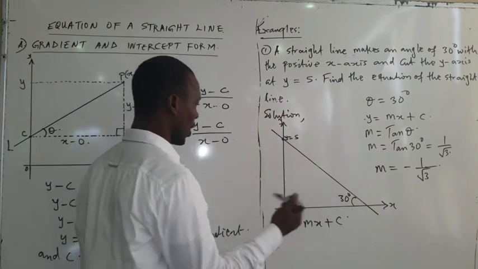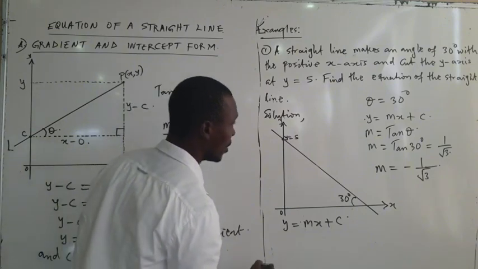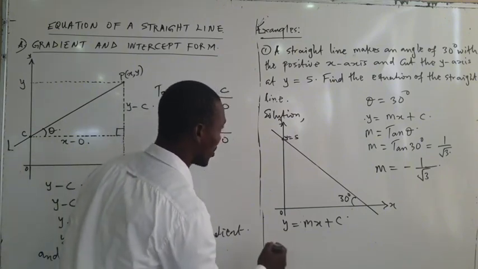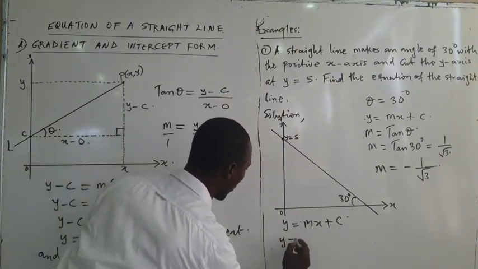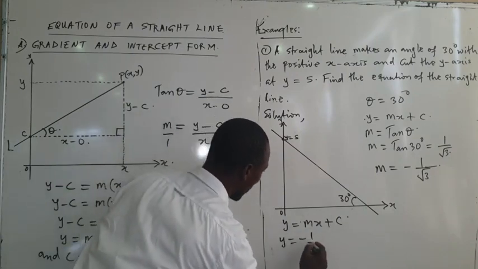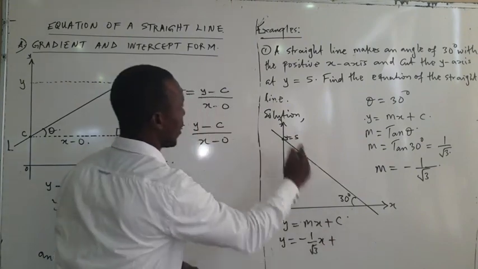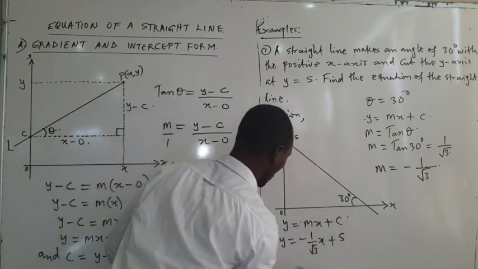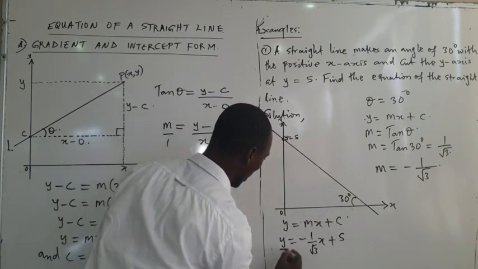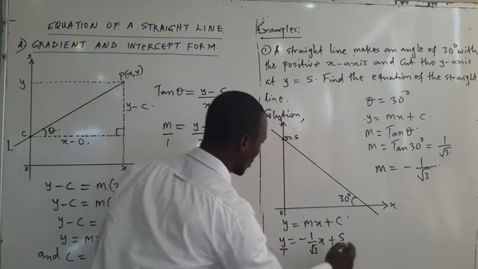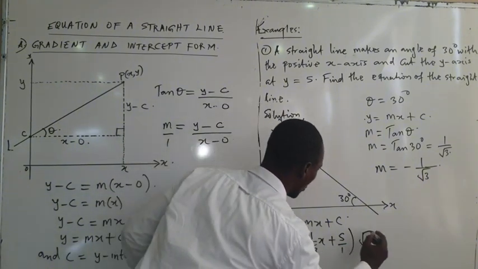So just conclude and write your equation in the form of the straight line equation. So y equals m, which is minus 1 over root 3, times x, plus c, the y-intercept, that is 5. So we now simplify this. If you like, you can clear the denominator. So multiply through by what? Root 3.